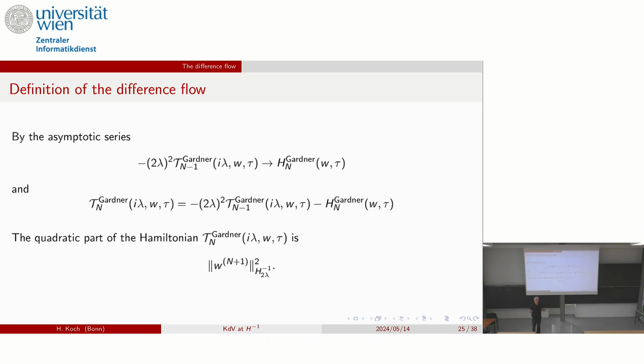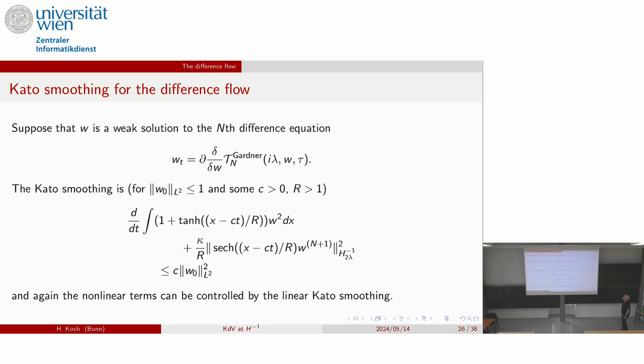And that's what you have to expect, because it converges. If you multiply it by 2 lambda squared, it converges to the nth Gardner equation. So you have this convergence, so you have to lose somewhere, and I may have messed up some factor of lambda here.